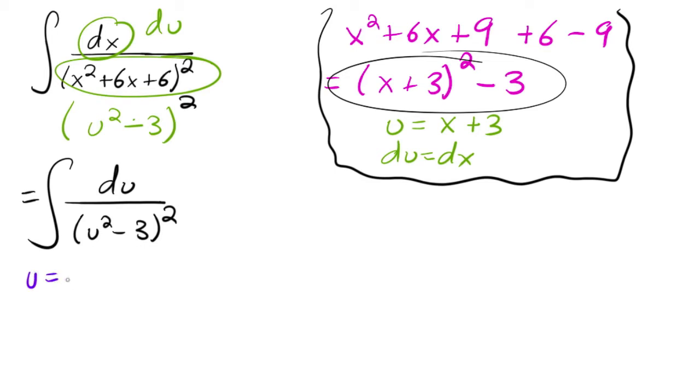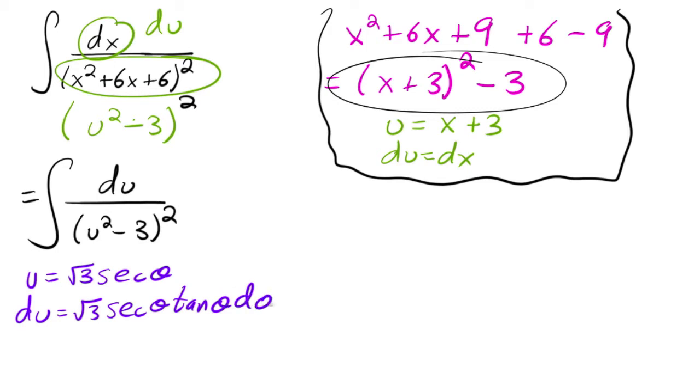Okay, so then in this case, u would equal the square root of 3 secant theta, and then du would equal square root of 3 secant theta tangent theta d theta.